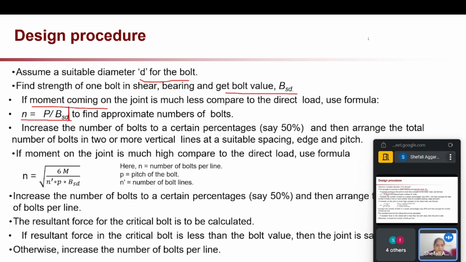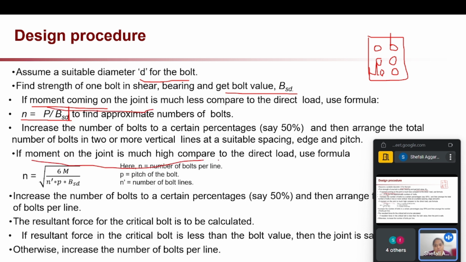Then we will assume some pitch, pitch spacing and edge distance. All these things we are assuming. This is the case when the moment is very low.